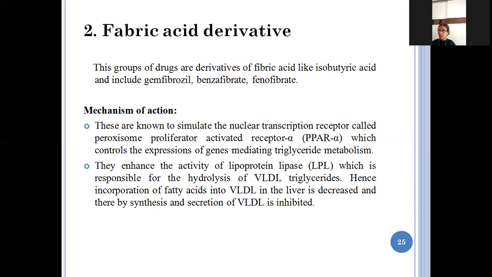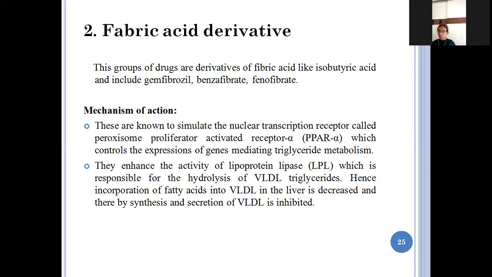They enhance the activity of lipoprotein lipase, which is responsible for the hydrolysis of very low density lipoprotein triglycerides, and hence the incorporation of fatty acids into very low density lipoprotein in the liver is decreased, and thereby synthesis and secretion of very low density lipoprotein is inhibited.